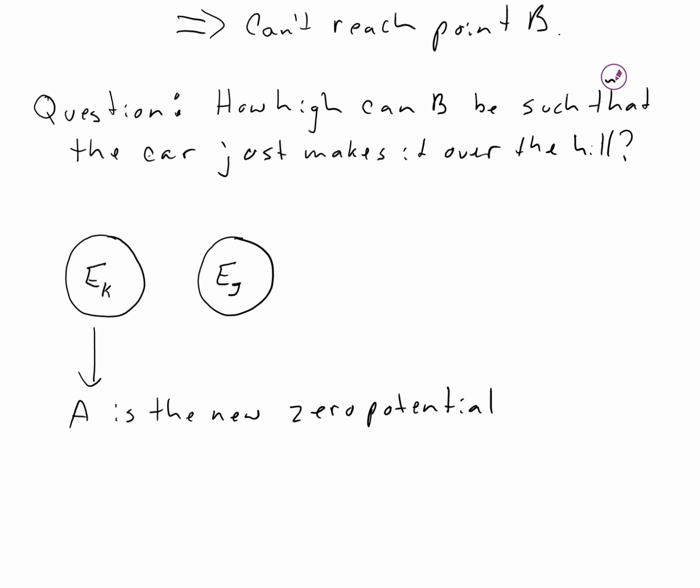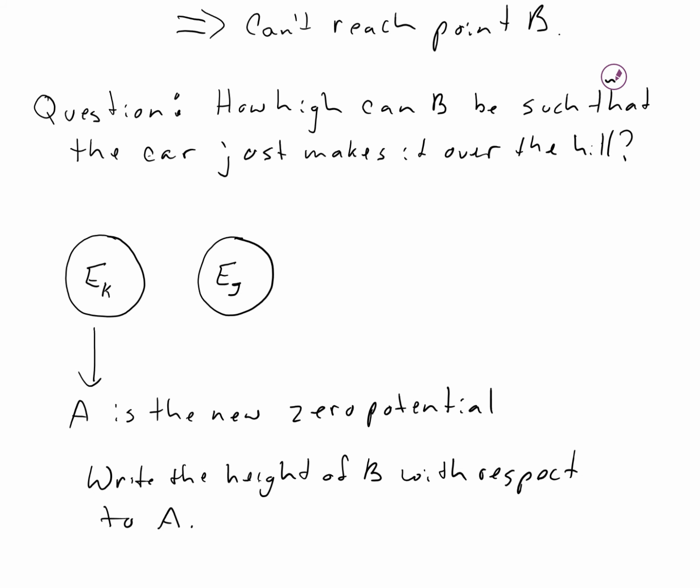Or in other words, it's the same thing as saying I'm going to write the height of B with respect to A. That way I can say all kinetic energy at A, all gravitational potential energy at B.